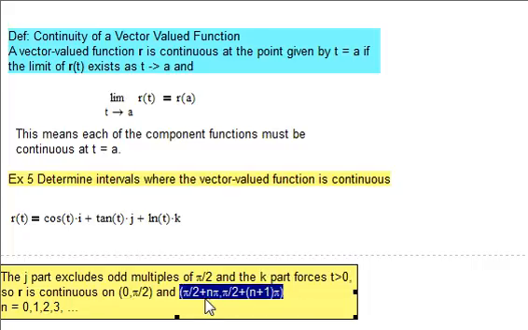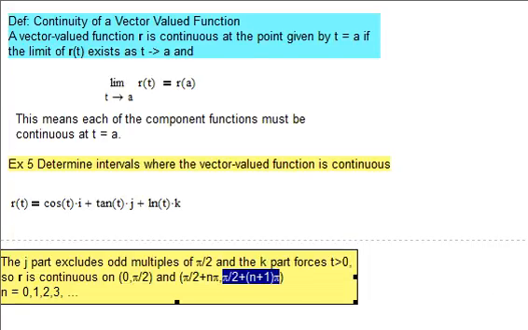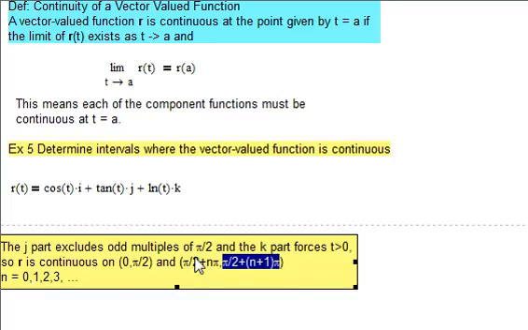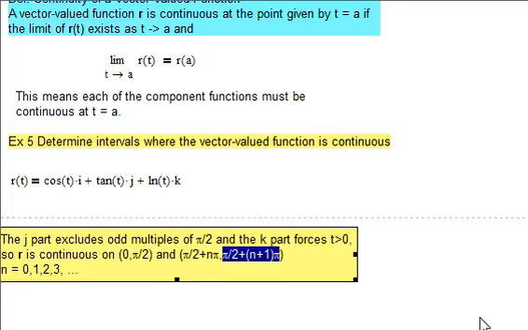In other words, we're taking an odd multiple of pi over 2 to the next odd multiple of pi over 2, for n starting at 0, because pi over 2 counts as pi over 2 to 3 pi over 2 if we started at 0. So that's a little tricky, but I hope it's not too hard to understand.